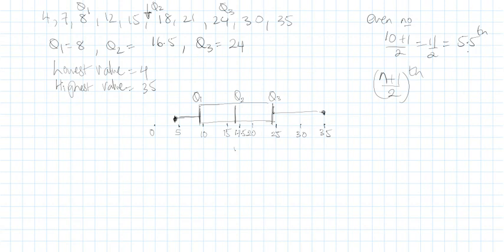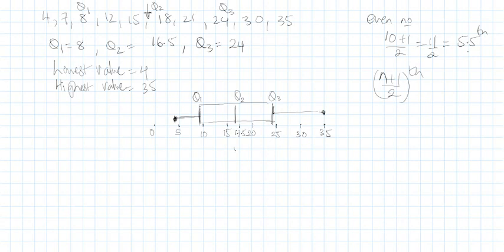The positively skewed box plot has a bigger distance from the median till the highest value, whereas a negatively skewed box plot has a bigger distance from the median, so from Q2 till the smallest value. Visually you could determine whether it's positively or negatively skewed, but we can also do it through workings.